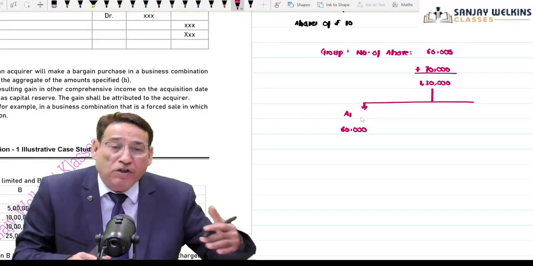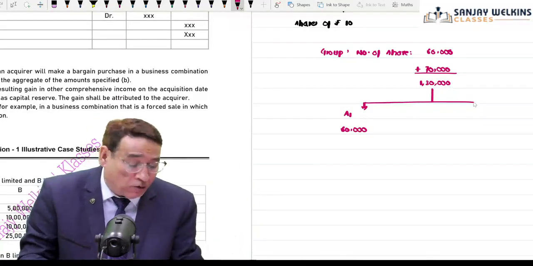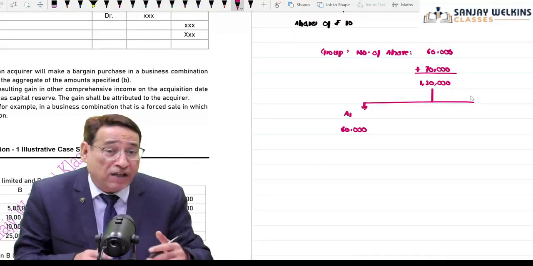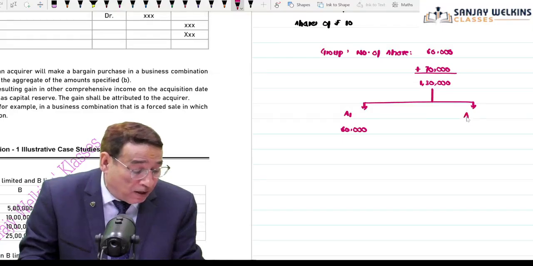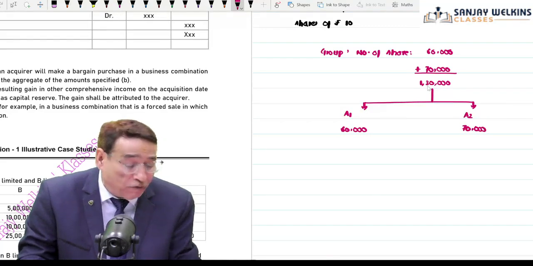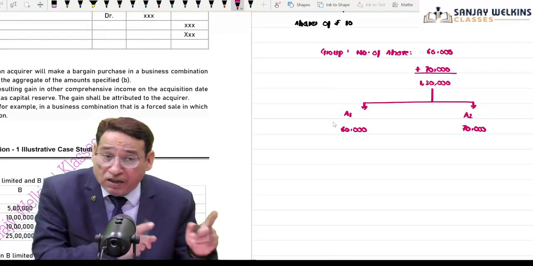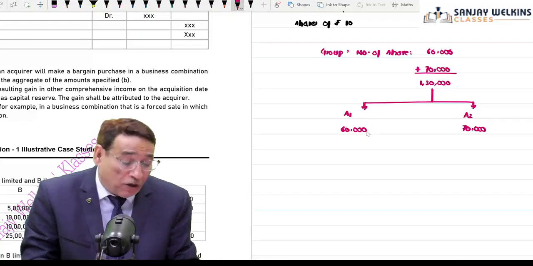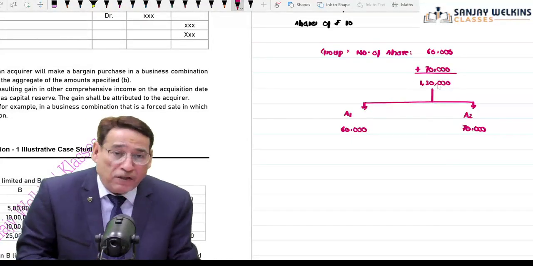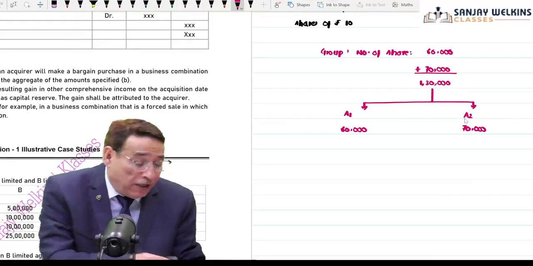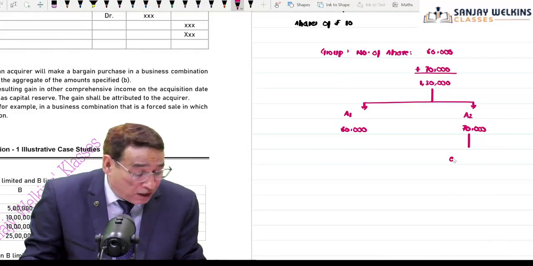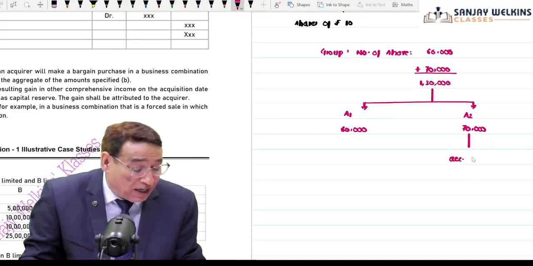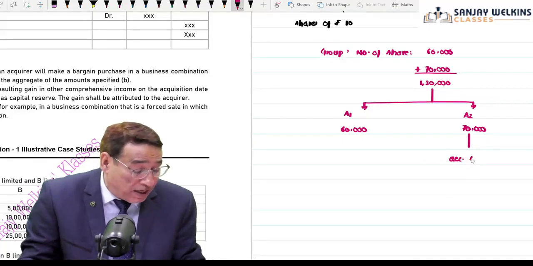Because the 70,000 shares you have issued to A2 Limited, those 70,000 shares are being held by A2 Limited. Because more than 50% of the group share capital is in the hands of A2 Limited, A2 Limited will be considered as the accounting acquirer.